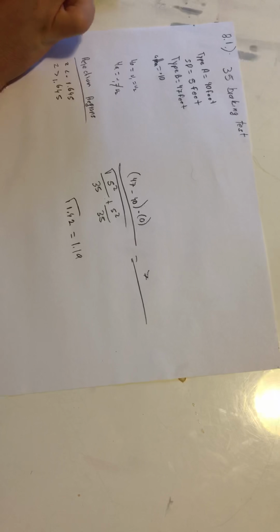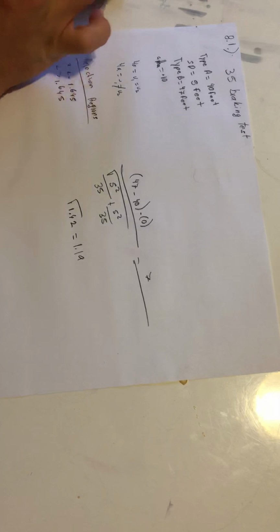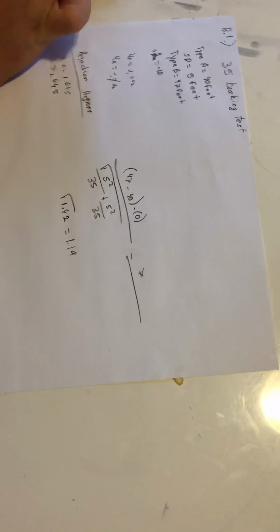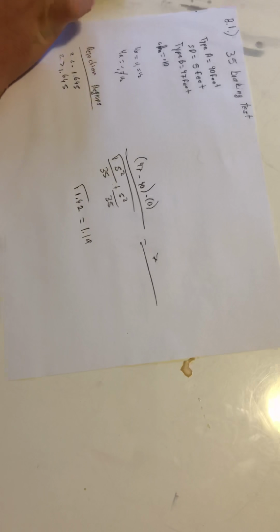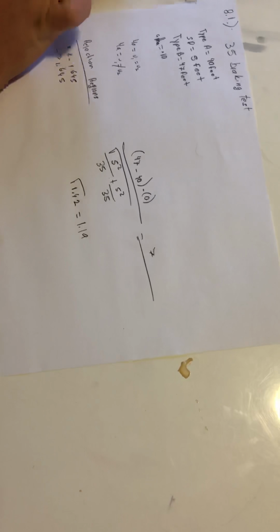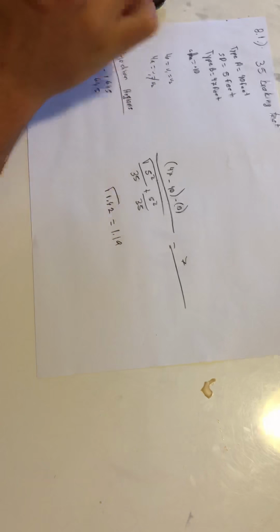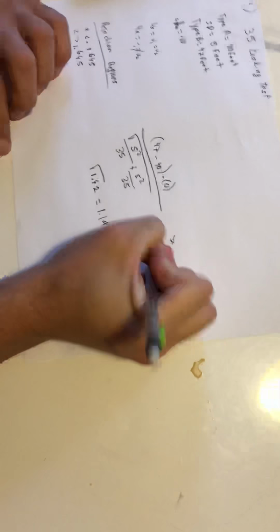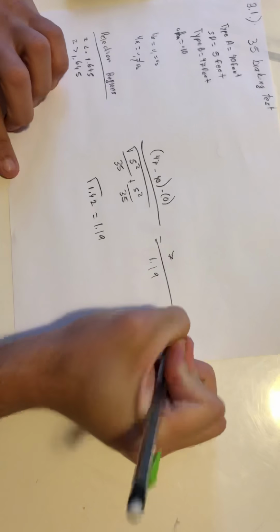So then it's 7 over 1.19, and we get about 5.88.